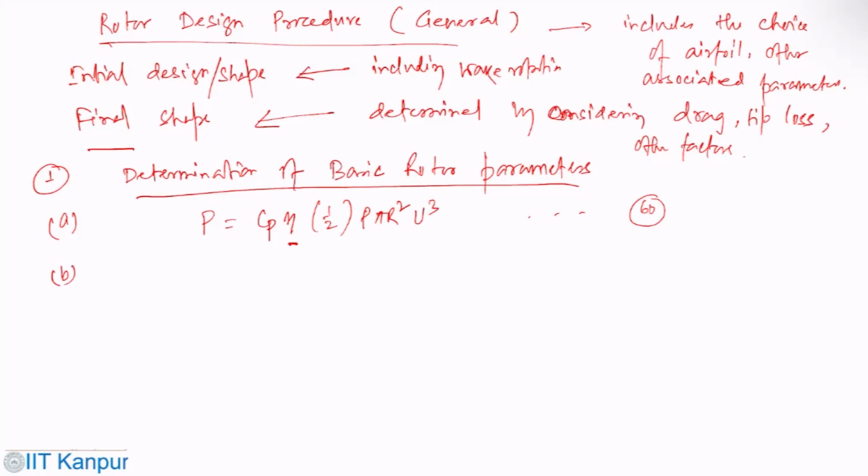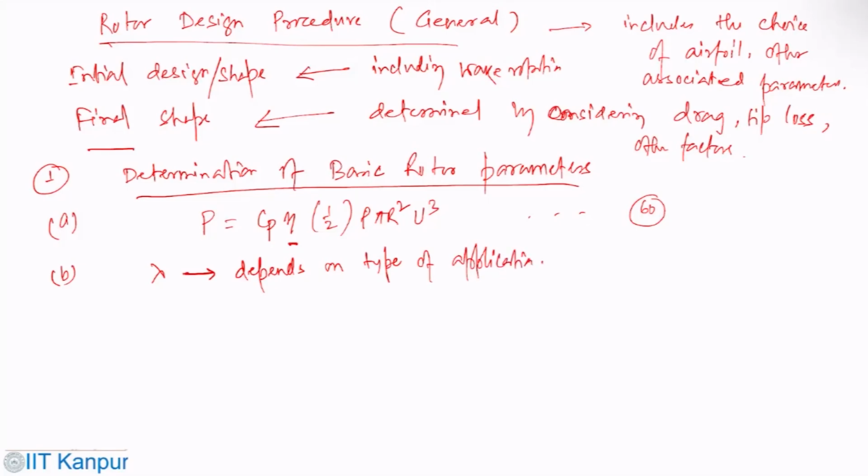Now, according to the type of application, one has to choose the tip speed ratio lambda. Lambda depends on the type of application.